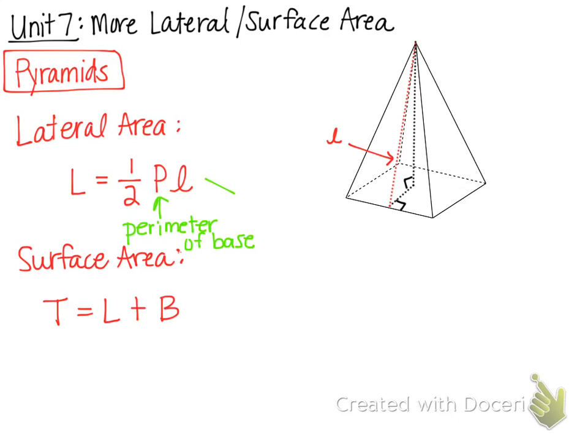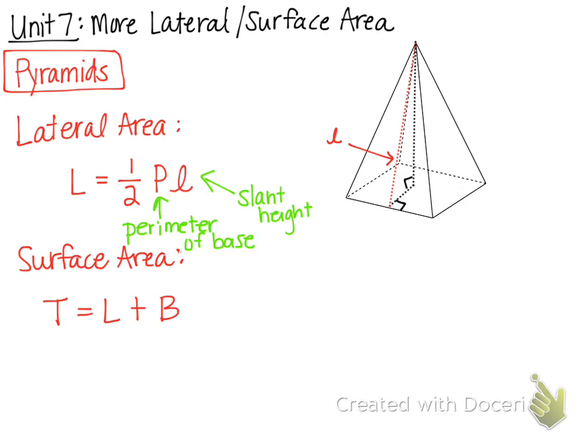And this L is what we call the slant height. And the slant height is simply the height of one of these triangles of the sides. So we've got 4 of them here because of our base. But this particular slant height that's drawn up here is the height of that green triangle I have drawn.